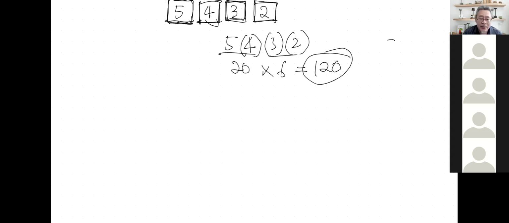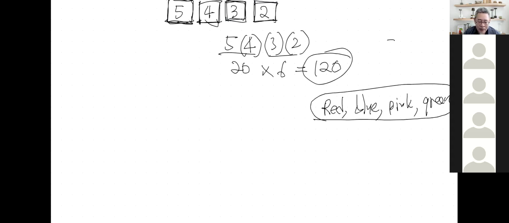Now let's see our last one. You got 4 marbles, red, blue, pink, and green. So that's what you have, 4 marbles. Now you're going to pick the marbles and line them up.